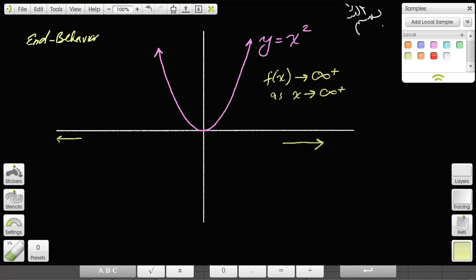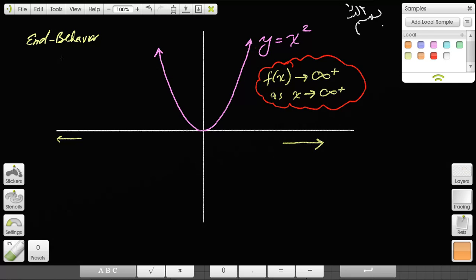You can write it this way, or some people write it like this. It doesn't really matter, both are okay. So f of x goes to positive infinity as x goes to positive infinity.